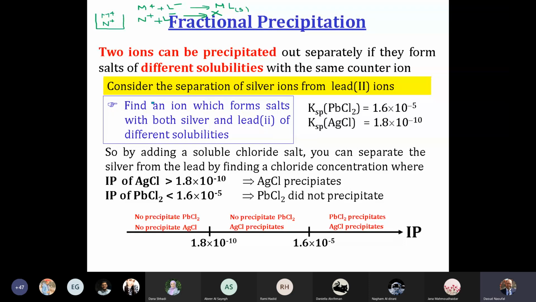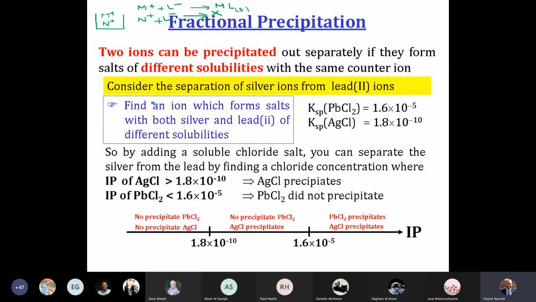If you add an amount of L minus that precipitates M plus completely, you can remove all M plus from your solution. But suppose you add L minus as limiting reagent. In this case, L minus will remove a part of M plus.